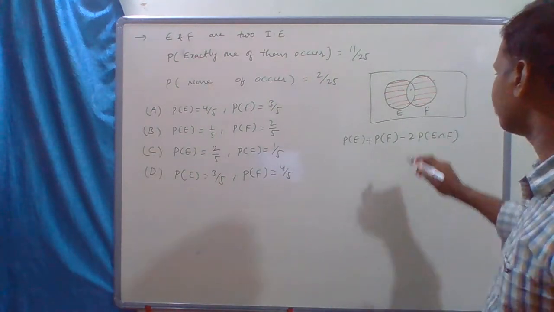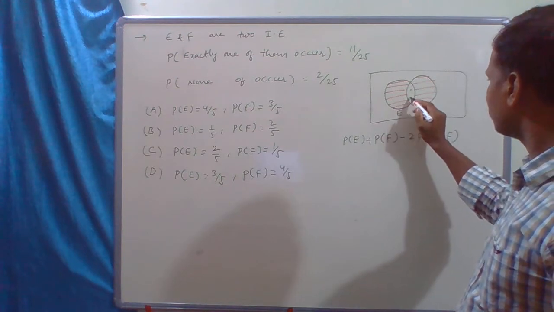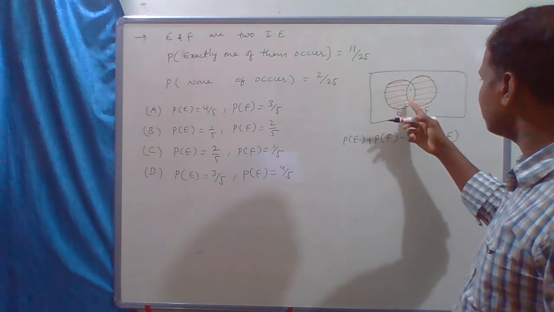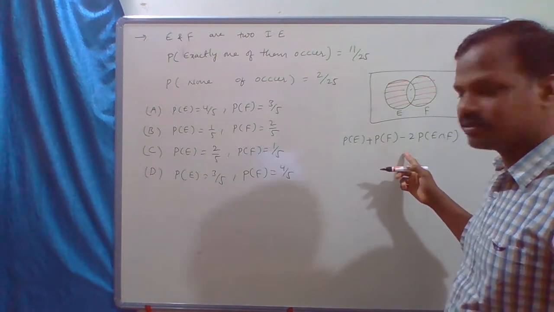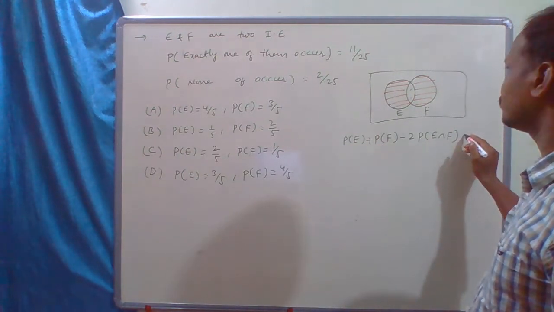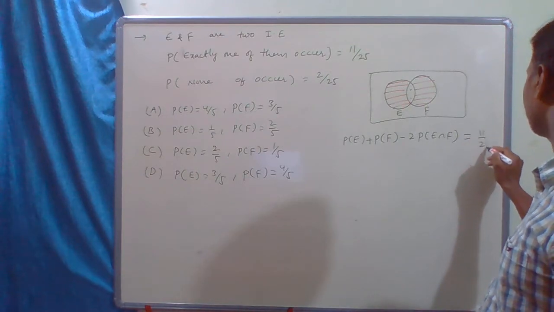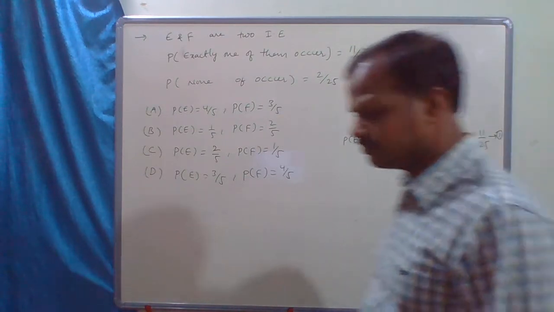So we are subtracting E intersection F 2 times. That's why probability of E plus probability of F minus 2 into probability of E intersection F is equal to 11 by 25. This is equation number 1.